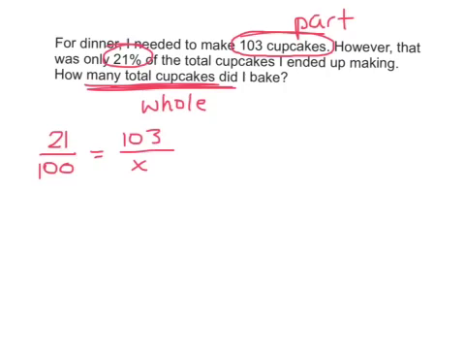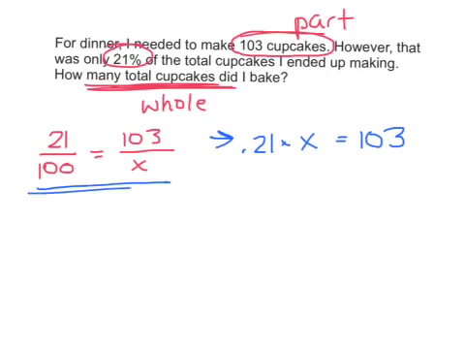For my equation, remember it is percent in decimal form, so 21 hundredths, times the whole, which is unknown in this case, equals the part, which is 103. And this time, I'm actually going to solve using my equation. Remember that the proportion would give you the same answer.